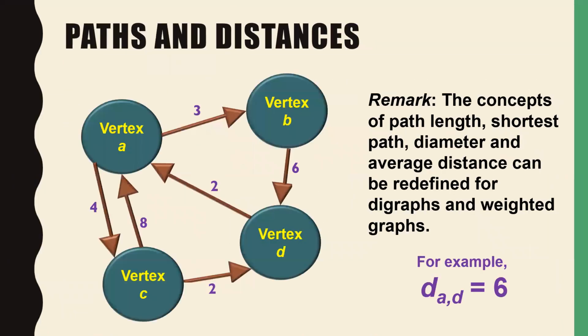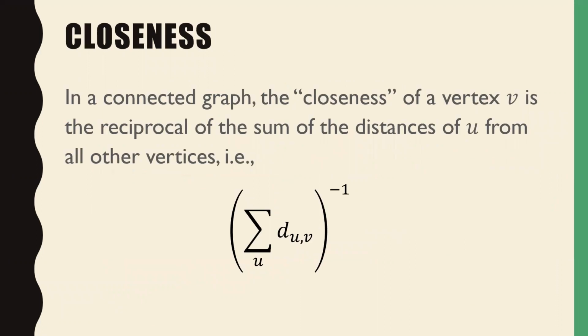Pero here, let's look at another measure, another graph parameter, which is basically, actually, hindi pala to graph parameter. This is a vertex parameter. This is the closeness of a vertex. So, ibig sabihin niya lang gaano kalapit on the average yung isang vertex mula sa iba't pang mga vertices.